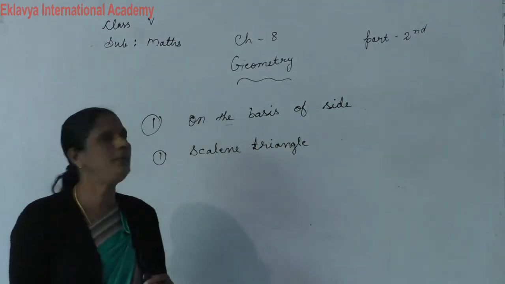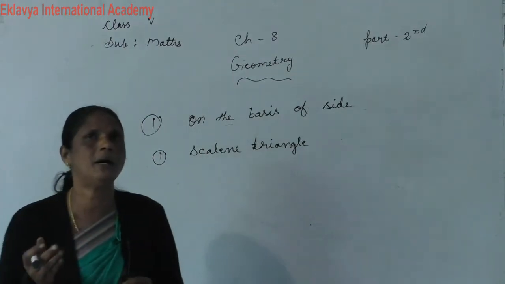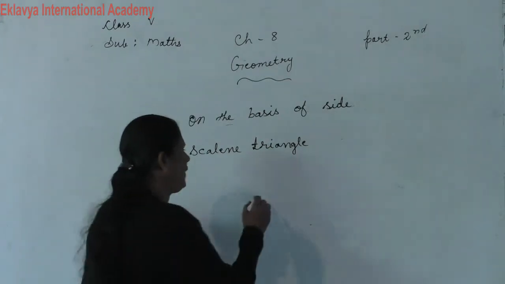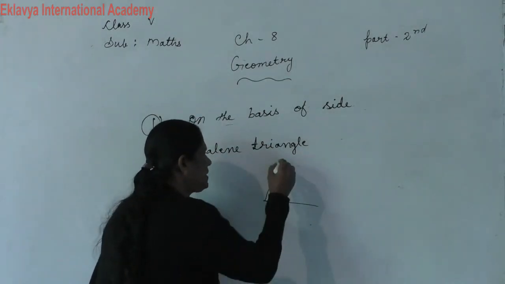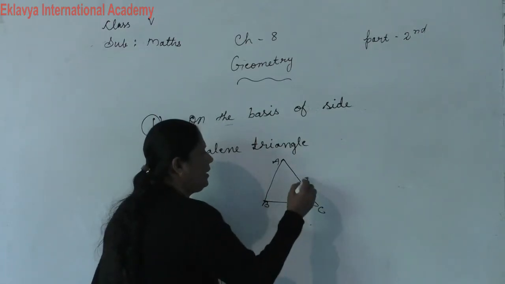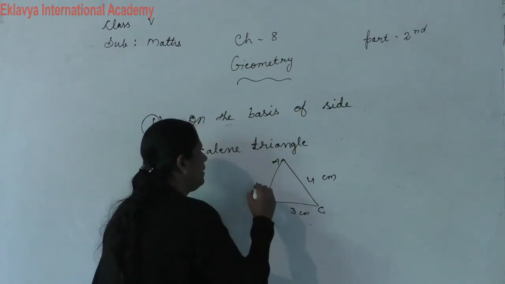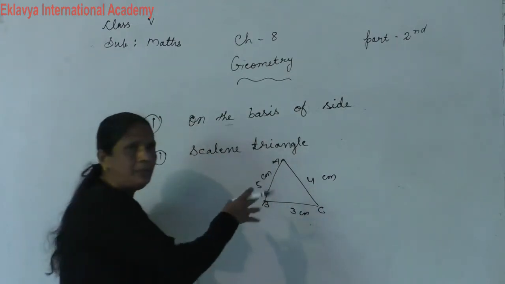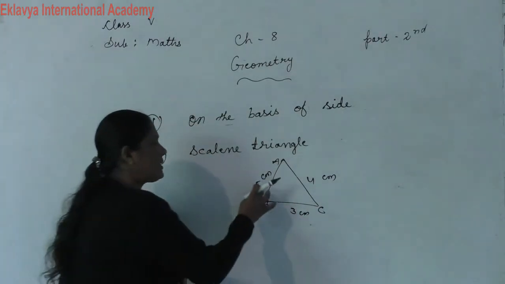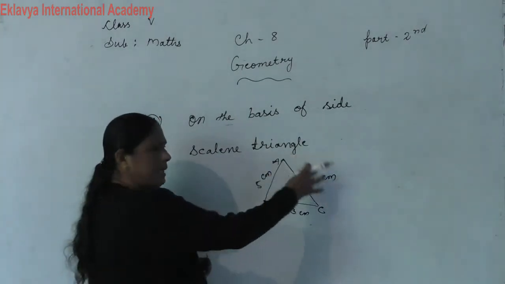In a scalene triangle, all sides are unequal, different. Here, this is a triangle ABC. Here 4 centimeter, here 3 centimeter, here 5 centimeter. In this triangle, all sides are different, that is, unequal.